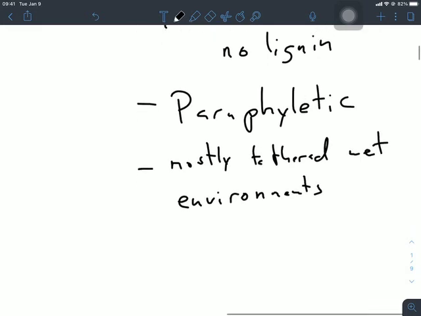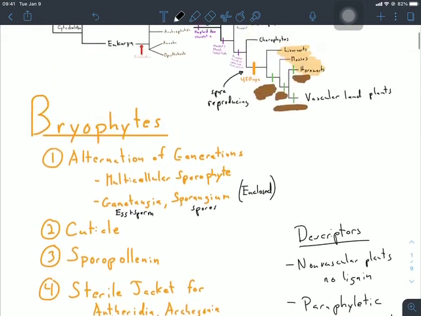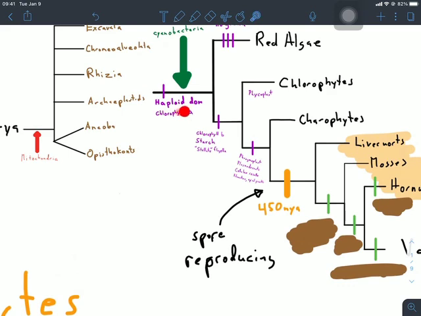They are also gametophyte dominant. That is where the vast majority of their body is actually descended from our haploid cells. So when we talk about the green photosynthetic tissue of our liverworts, mosses, and hornworts, that's actually the body created by the haploid cells.